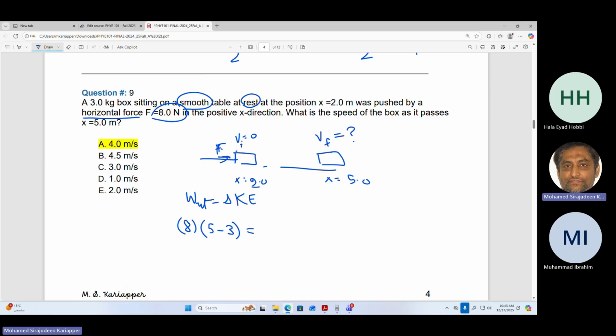equals the change in the kinetic energy, half m, where m is 3 kilogram, and final speed is the unknown. Initial speed is 0, at rest. So the only unknown in this equation is the final speed. It's not a difficult question, you can just do it the normal way. 8 multiplied by 5 minus 3 is how much?